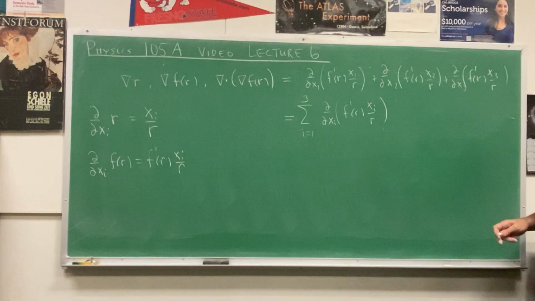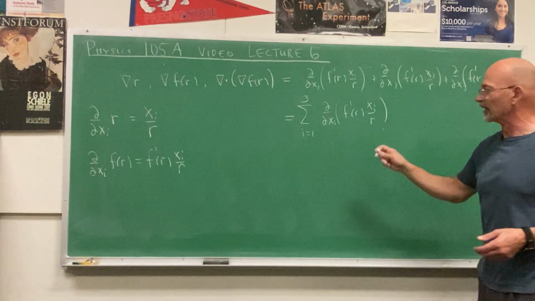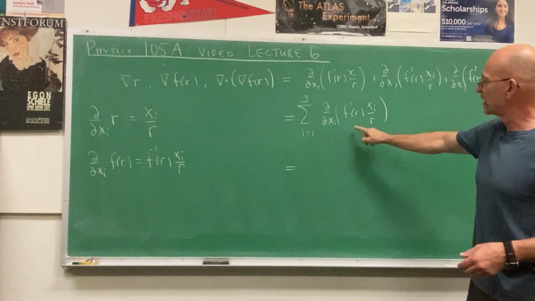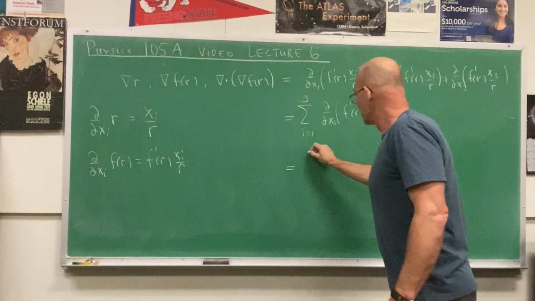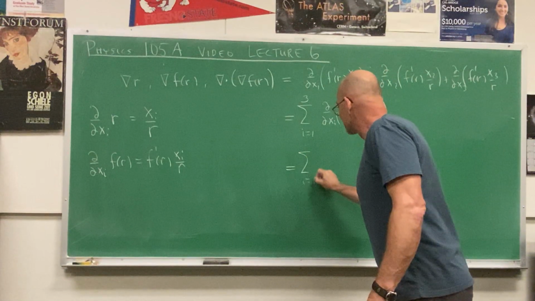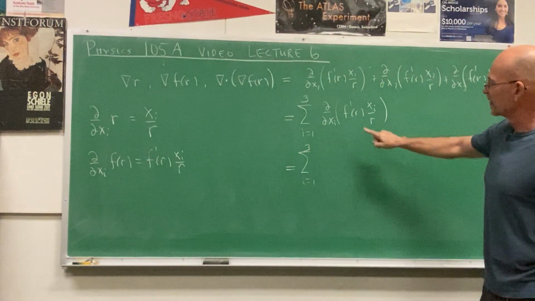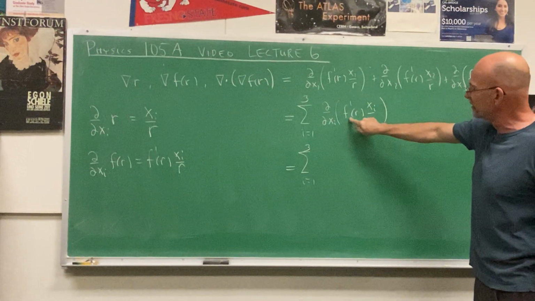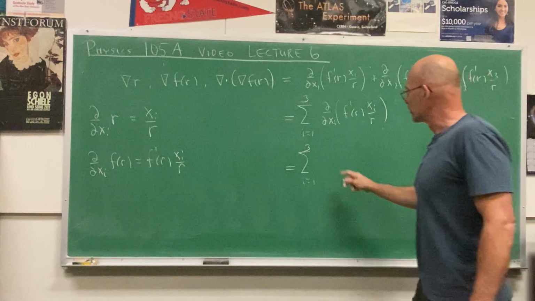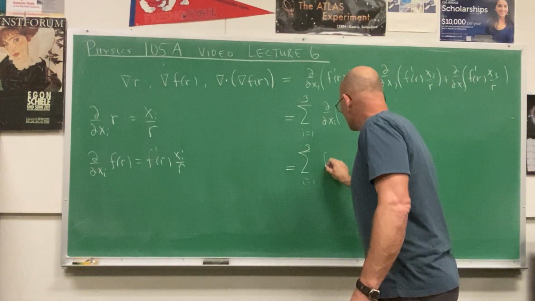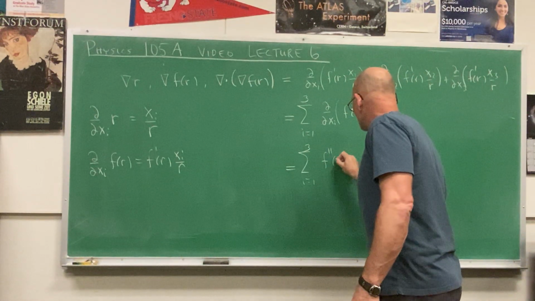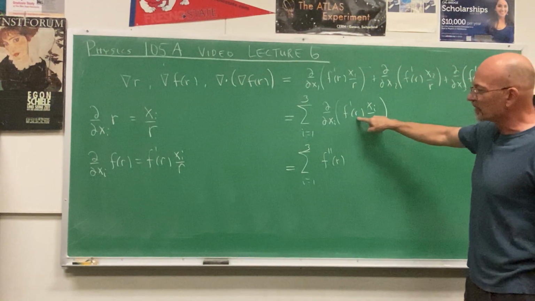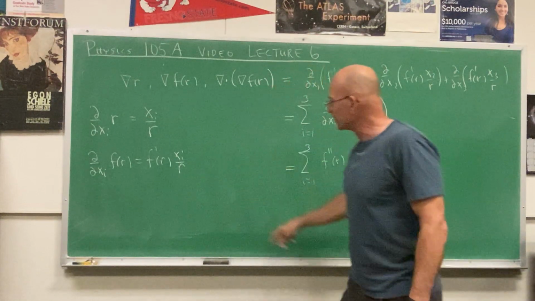So let's try this. There's a bunch of chain rule going on here. We would have summing here. Now we're going to hold these two constant and just take the derivative of f prime with respect to xi, so we're going to end up with f double prime of r, and then the chain rule is going to bring down another x sub i over r.